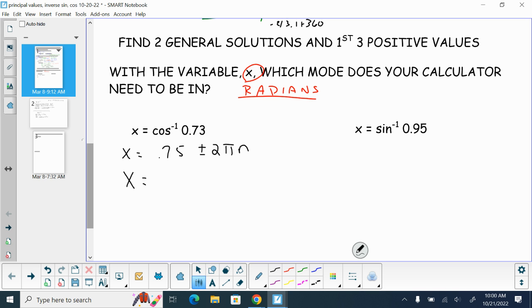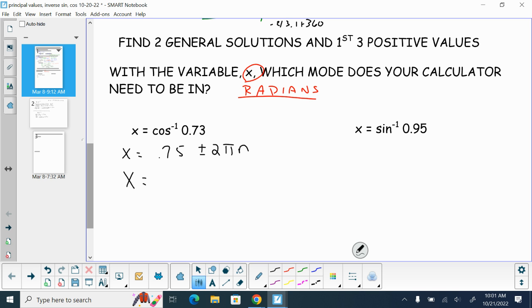Second general solution, inverse cosine. How do we find our second general solution? How do we get the second value? Now, what did we just talk about here? Inverse cosine: get the principal value plus or minus the period n.